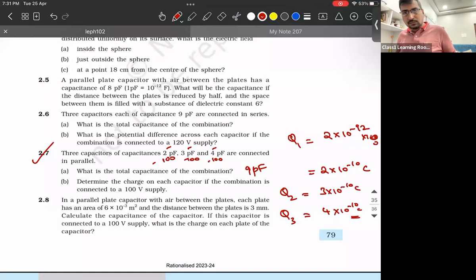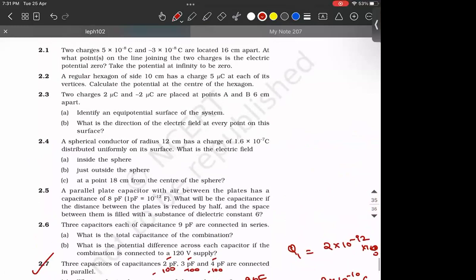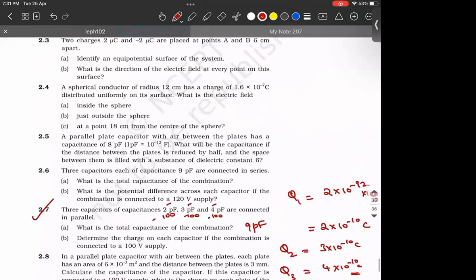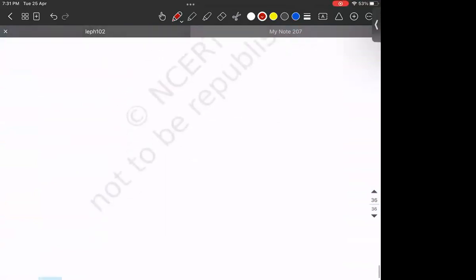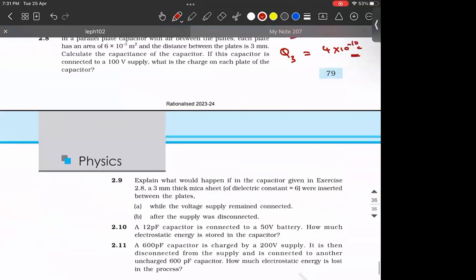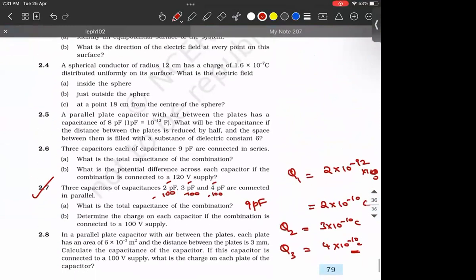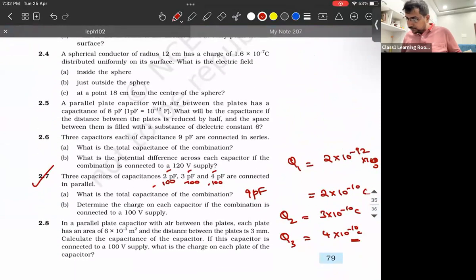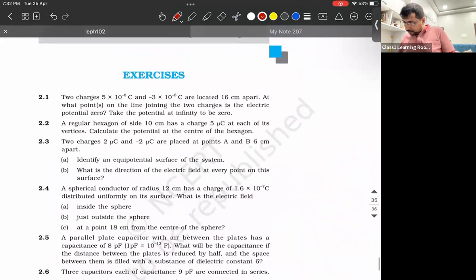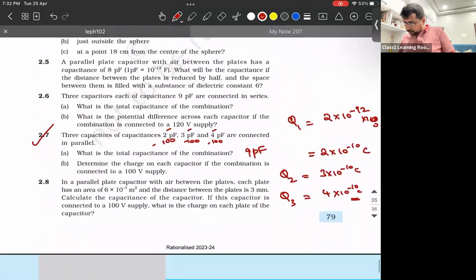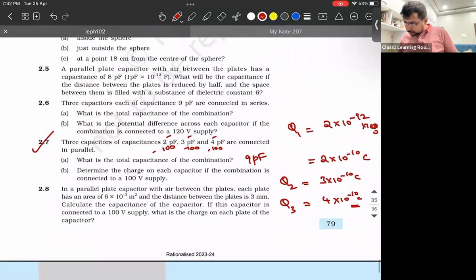Am I clear with this? Yes, sir. Okay. Next is, do this 2.5.